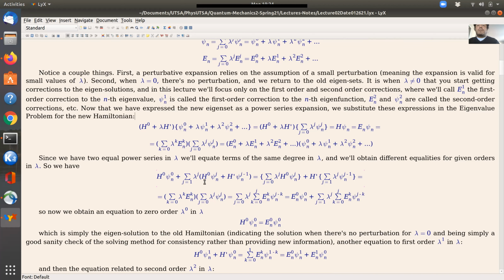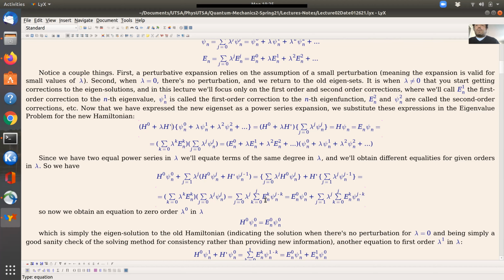Then you have the expansion where H naught is an order lower, because this contributes by power of lambda. So you have lambda^j, then H0 to phi j n, but H prime to phi j minus 1 n because of this. If you were to go to the equality, you have to go to the multiplication of these two series in lambda.